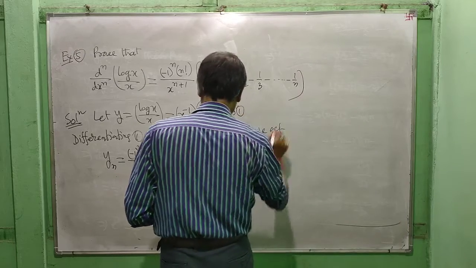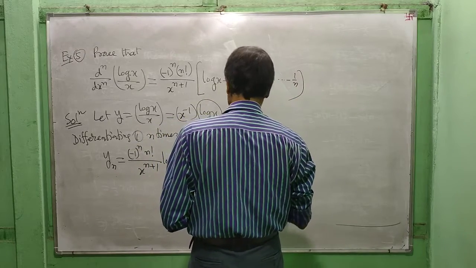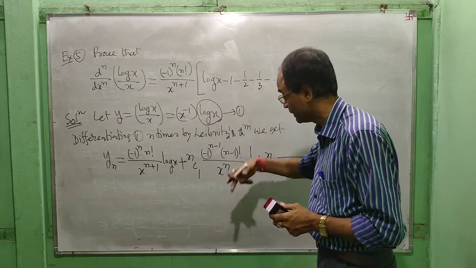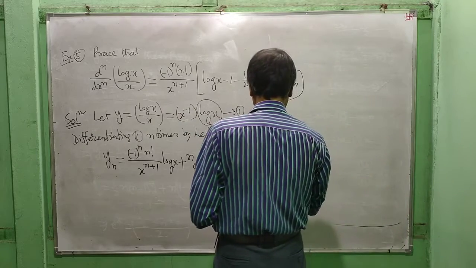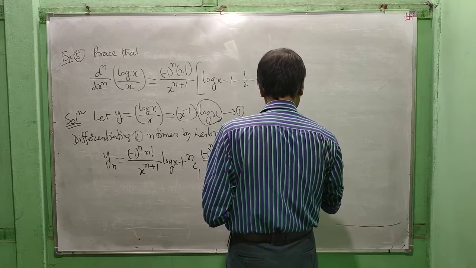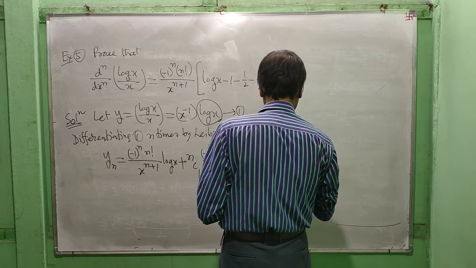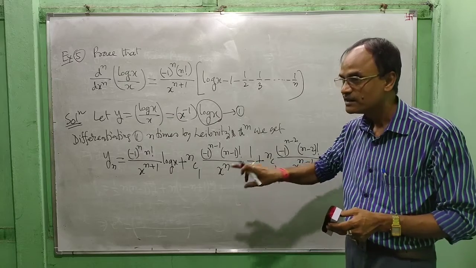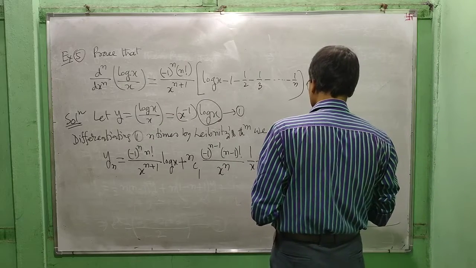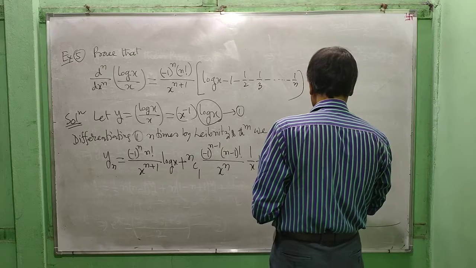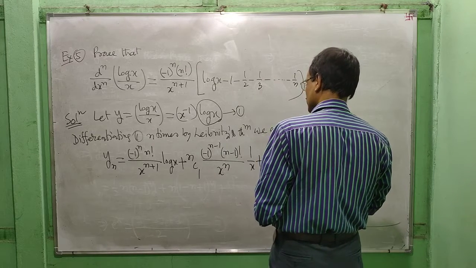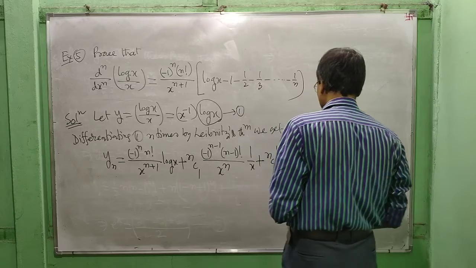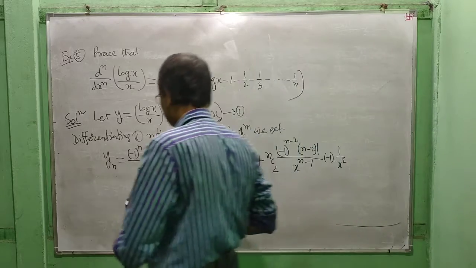Plus nc2. Now differentiation of x to the power minus 1 n minus 2 times, you will get minus 1 whole to the power n minus 2 factorial n minus 2 divided by x to the power n minus 1. Differentiate 1 by x, it will be minus 1 by x square. Minus 1 into 1 by x square.